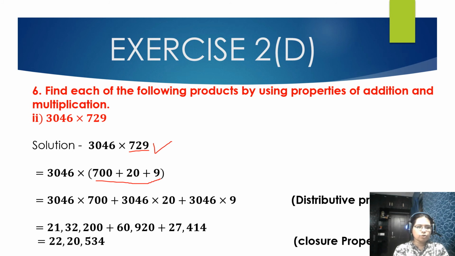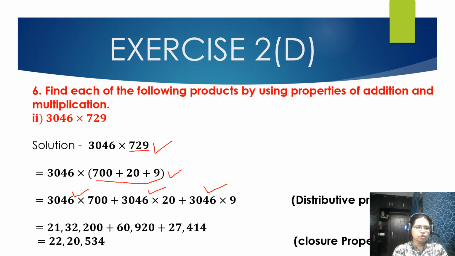So 3046 multiplied by 729 equal to 3046 multiplied by 700 plus 20 plus 9, inside the bracket, equal to 3046 multiplied by 700 plus 3046 multiplied by 20 plus 3046 multiplied with 9. And this is the distributive property of multiplication over addition.